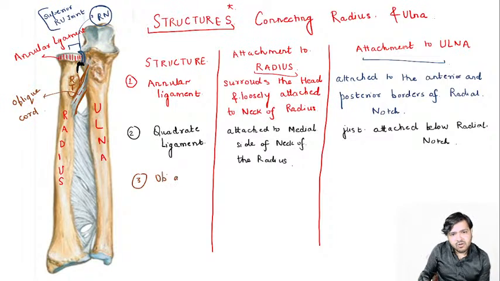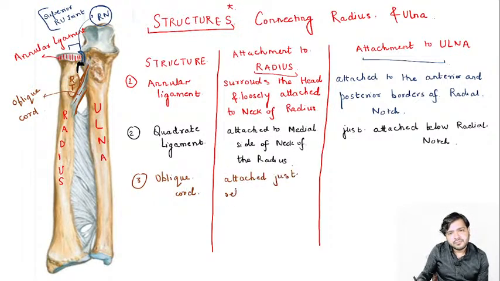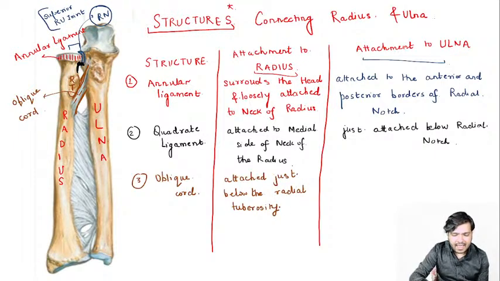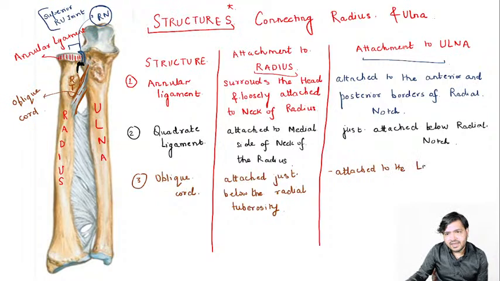So write down oblique chord, and remember it is attached just below the radial tuberosity. ये ulnar tuberosity है, ulnar tuberosity के lateral side पर attachment देखने को मिल रही है.